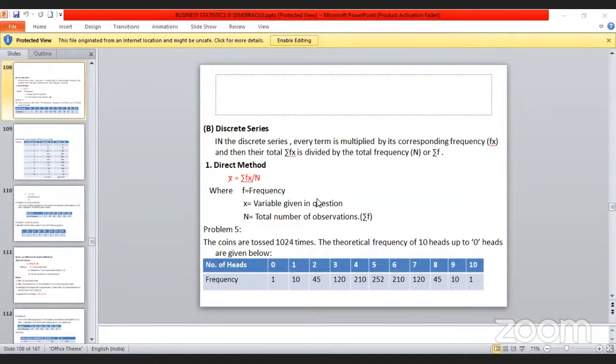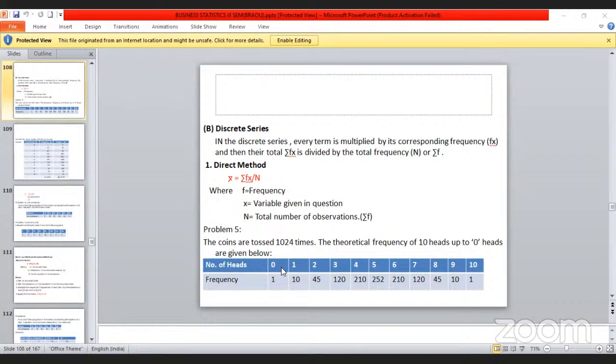Here in discrete series, every term is multiplied with the corresponding frequency.